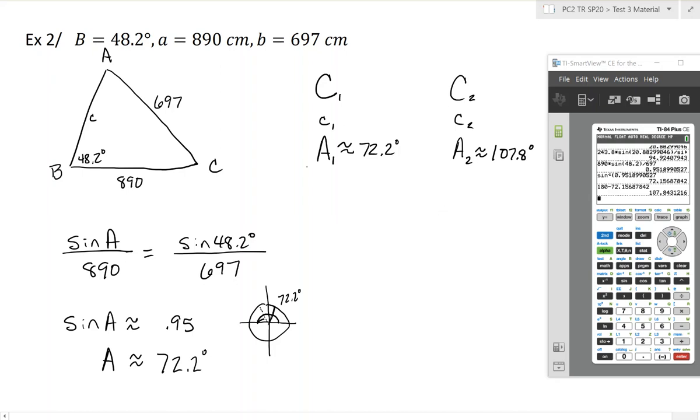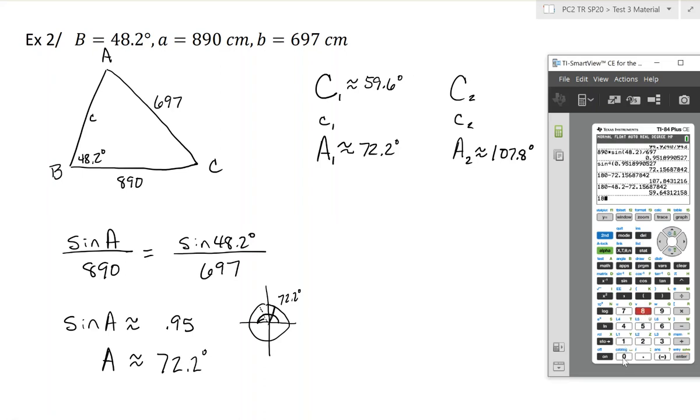And now that we know A sub 1, we could take 180, subtract 48.2 that was given, and subtract the 72.2 that we found for A sub 1, and that gives us a C sub 1 of about 59.6 degrees.